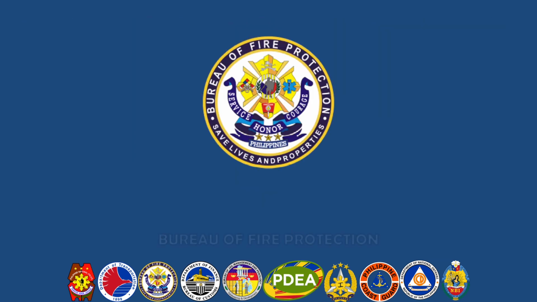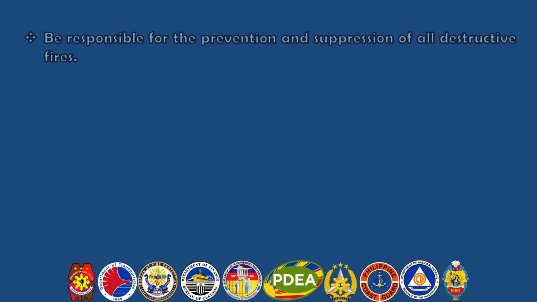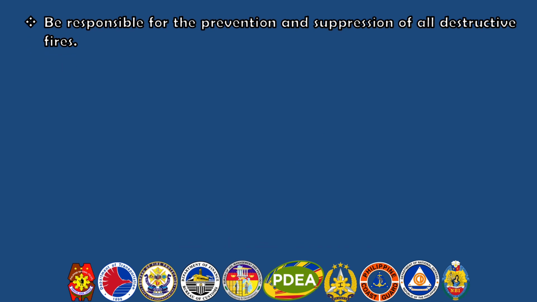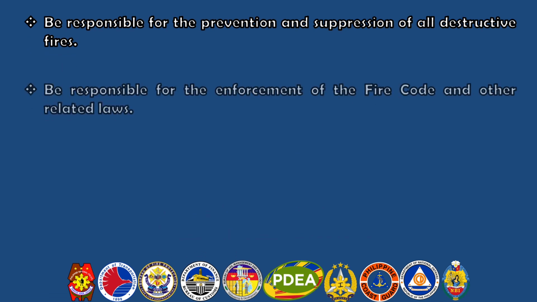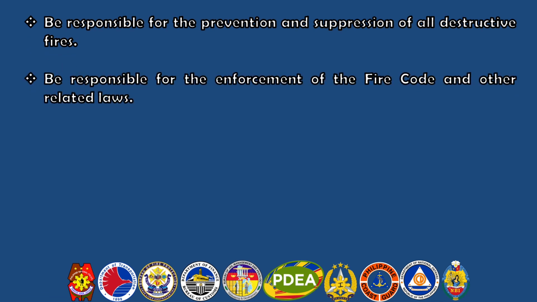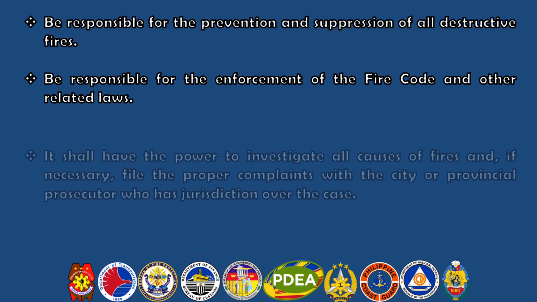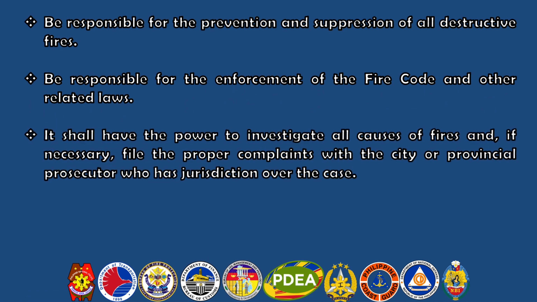While the Bureau of Fire Protection shall be responsible for the prevention and suppression of all destructive fires. Be responsible for the enforcement of the fire code and other related laws. It shall have the power to investigate all causes of fire and, if necessary, file the proper complaints with the city or provincial prosecutor who has jurisdiction over the case.